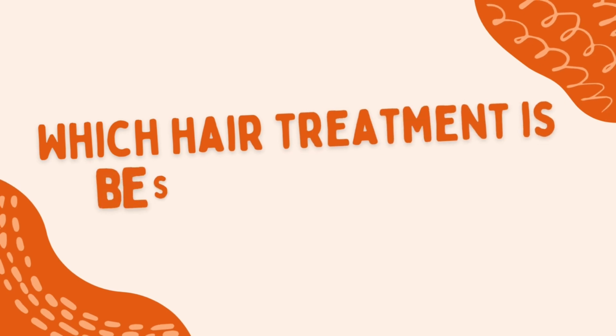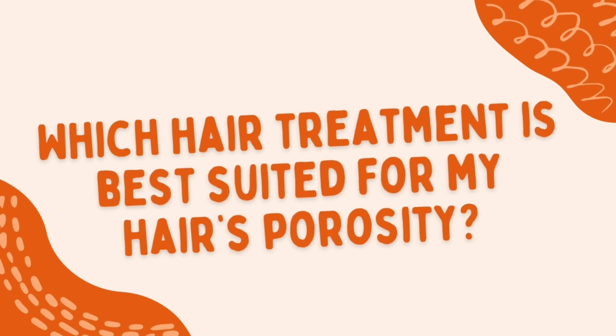So now that we have an idea of where our hair is at, we can determine what kind of treatment is going to work for our hair to actually absorb all the moisture that we're giving it and retain it, which is essentially the most important part. One little side note is that water is what moisturizes your hair and oils are what seal the moisture in.